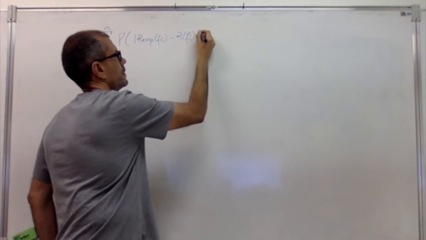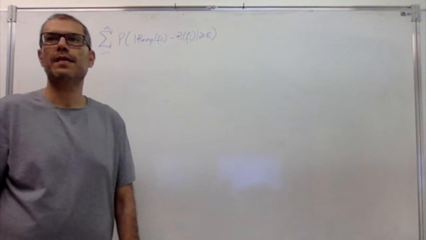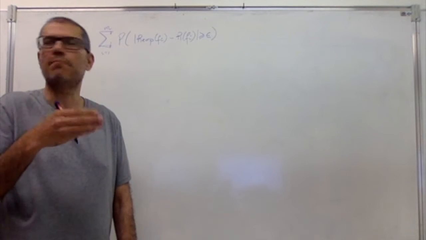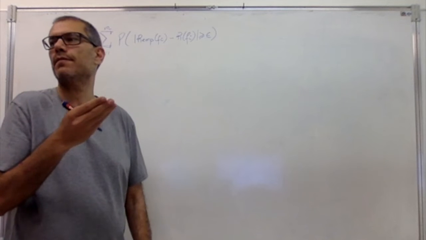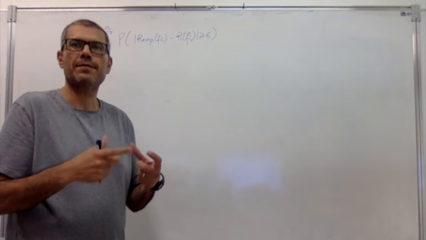like this. And if that is greater than or equal to some epsilon, there are some different formulations. There are books which don't use the equal sign but just the greater than. But actually it's an open ball, and that has topological terms.